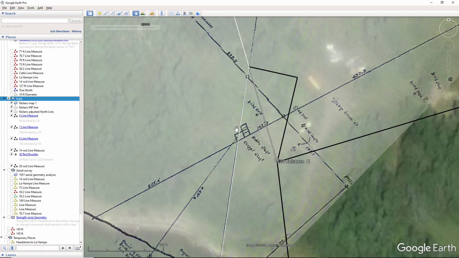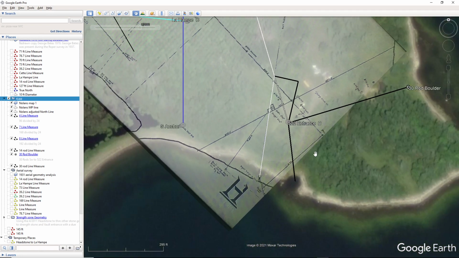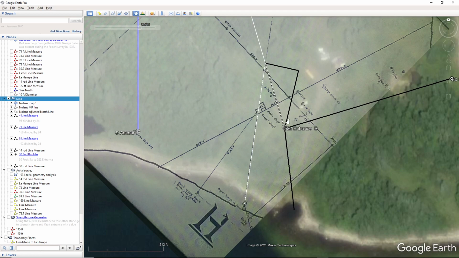If you take all those sides and you divide them by 24, each one of them, you come up with 4, 7, 8. And on the Captain Kidd, it says 30 rods southwest, 14 rods north, and 4 by 7 by 8, or 7 by 8 by 4. And this is a triangle that could be, in its proportions, thought of to be 4 by 7 by 8.